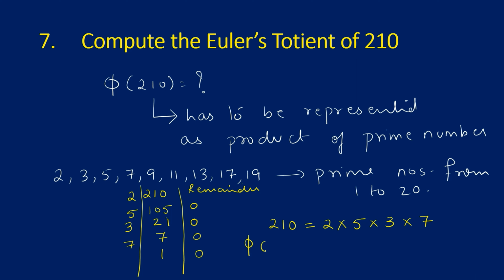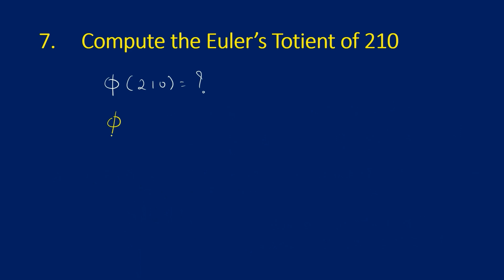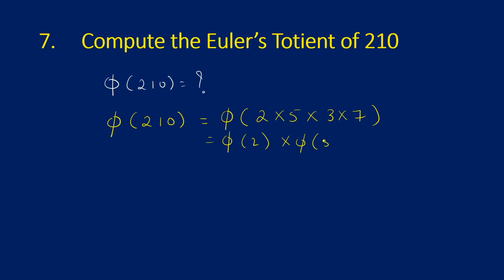Therefore, the Euler totient of 210 is nothing but the Euler totient of 2 into 5 into 3 into 7. So, we first decomposed the number 210 into its prime factors, that is 2 into 5 into 3 into 7, which can be written as phi of 2 into phi of 5 into phi of 3 into phi of 7. Now you already know each is a prime number.